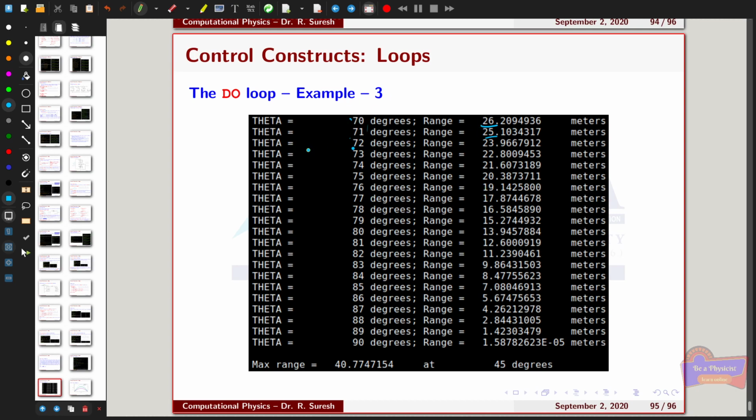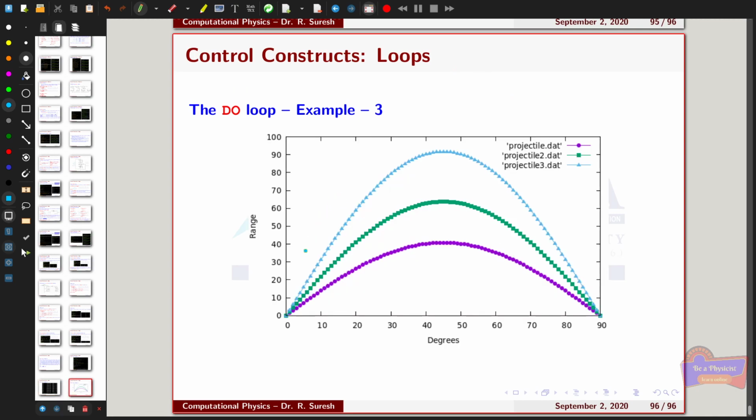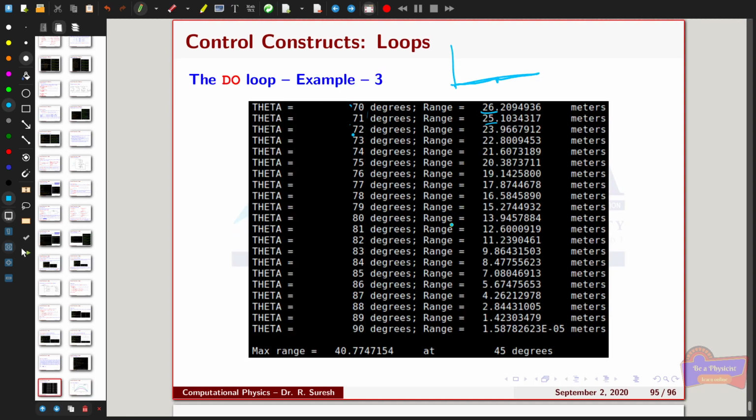But before this, when you go from 0 to 45 and 45 to 90, you have different paths, the different ranges. That range is printed here, where you vary the value of theta, and you can calculate the range.